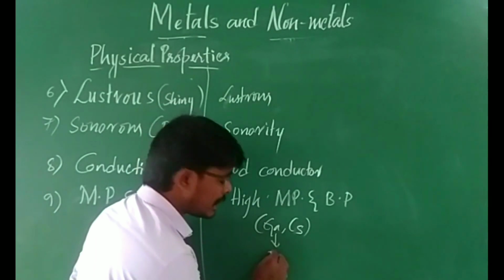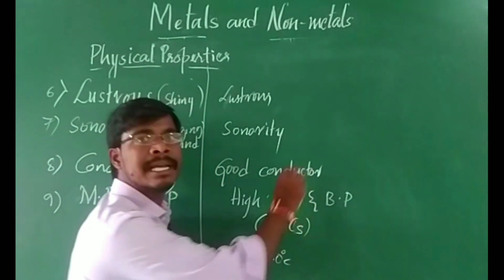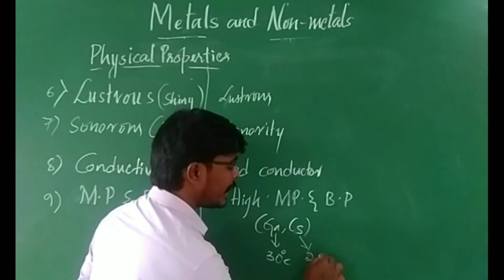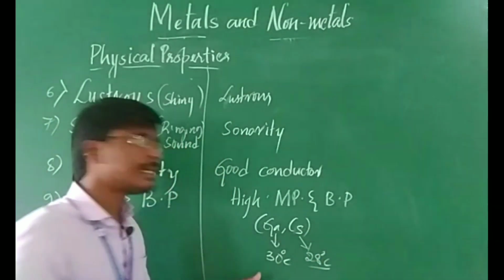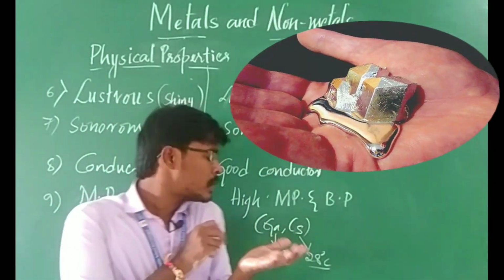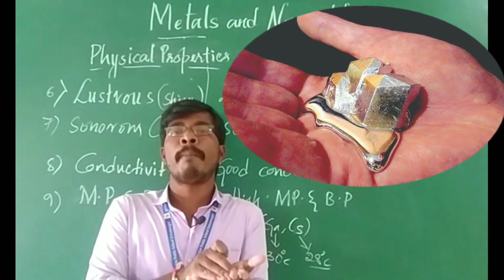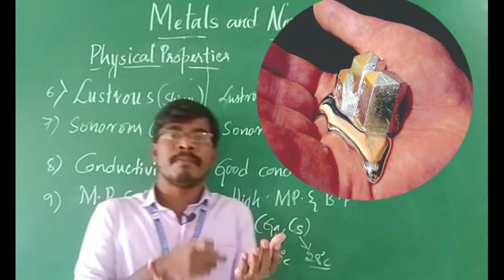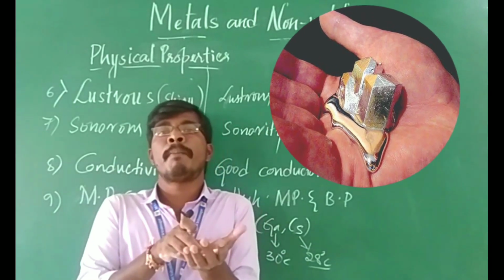Gallium has a melting point of only 30 degrees Celsius and cesium about 28 degrees Celsius. So these are the melting points of gallium and cesium. If you take those elements in your palm, because of your body temperature, gallium and cesium will melt in your palm itself.